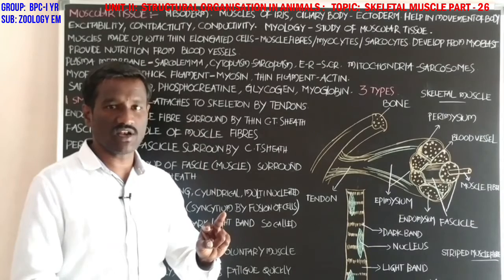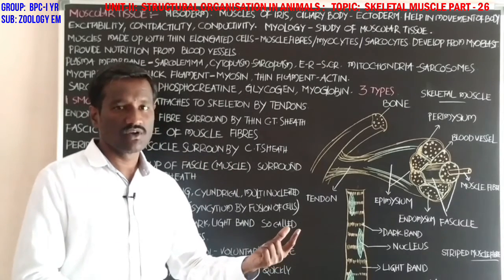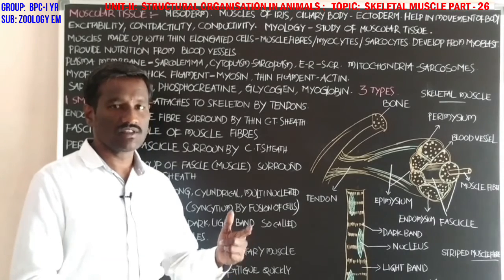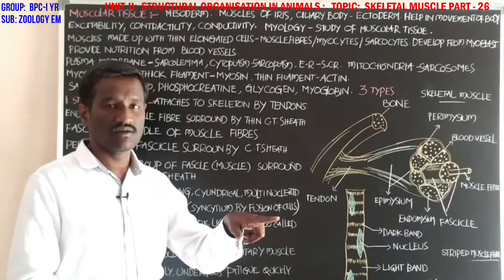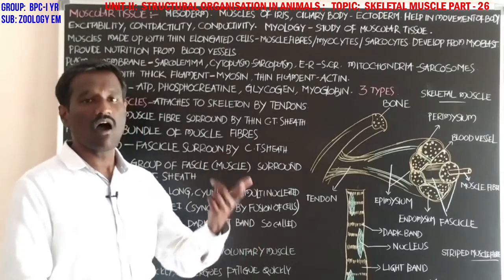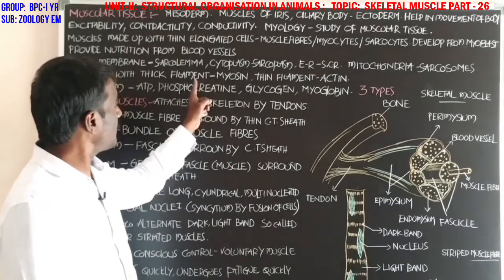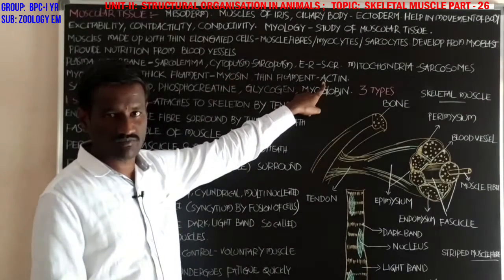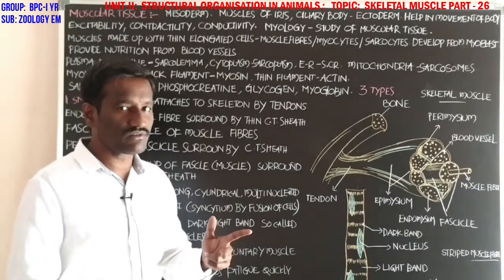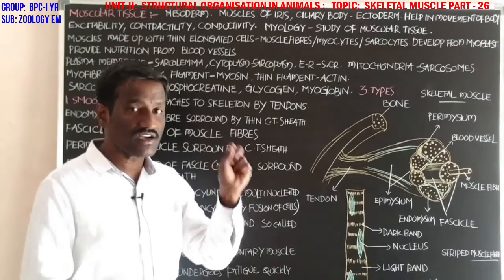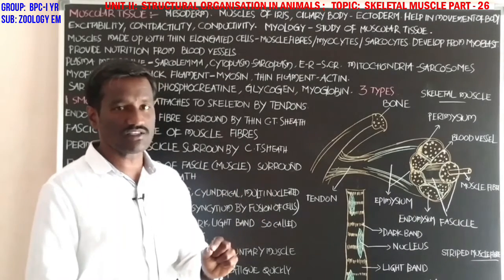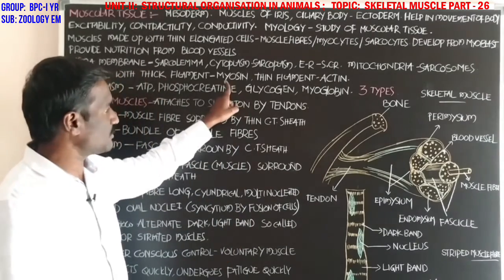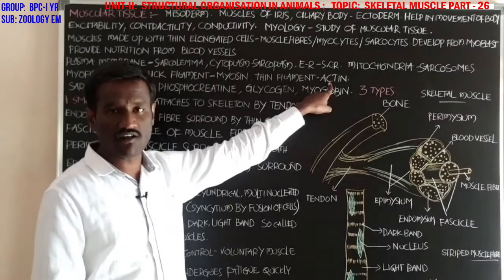The thick filament is called myosin, and the thin filament is called actin.